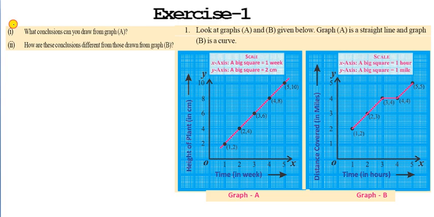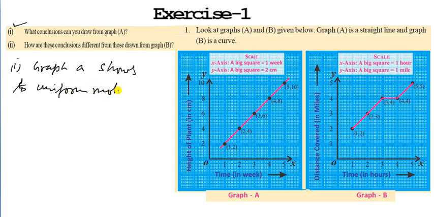So first answer. What will be the question? What conclusion can you draw from the graph A? So first answer you have to write. Graph A shows uniform motion or speed.